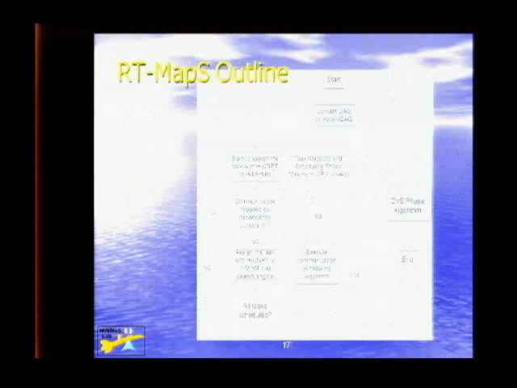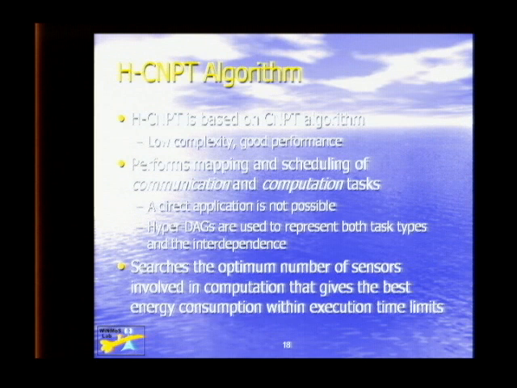Here we first convert it, then we use variations of known algorithms for task mapping and scheduling to schedule the communication and computation tasks. Then if there is a DVS capability in the nodes, we use that to reduce the energy consumption even further.